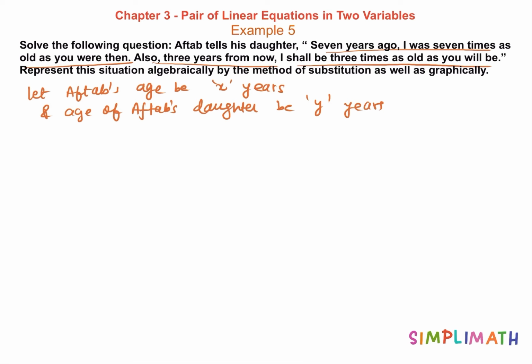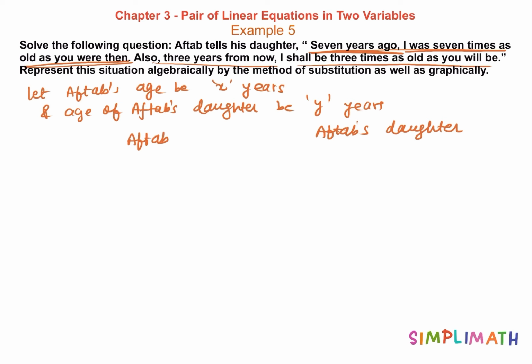So the first statement is 7 years ago Aftab was 7 times as old as his daughter. So let us write here Aftab and Aftab's daughter.